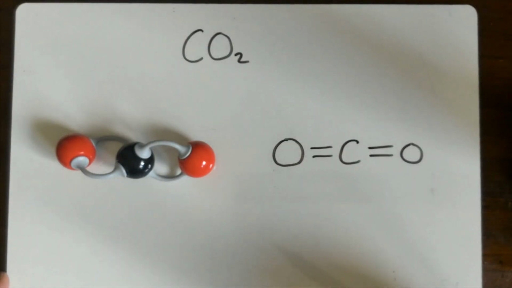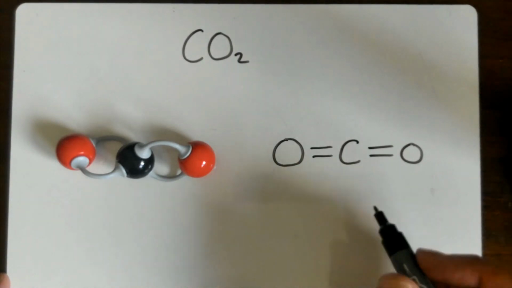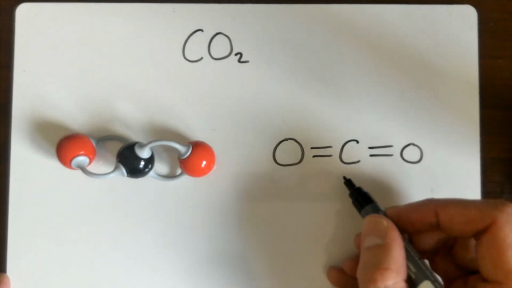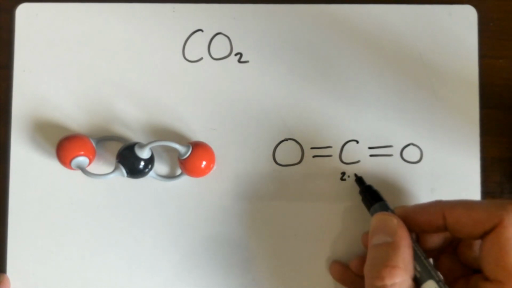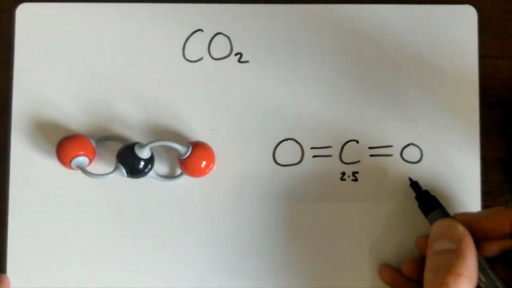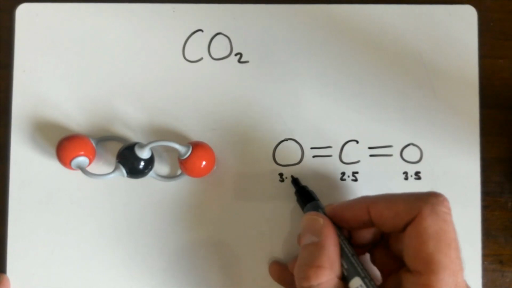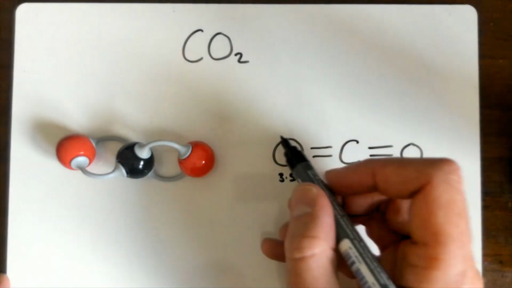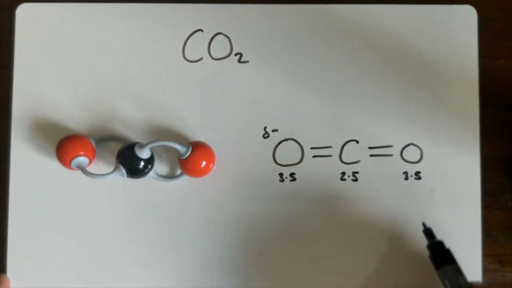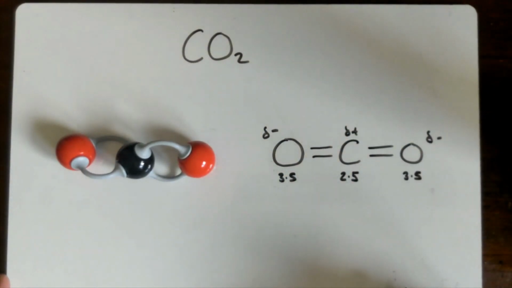Another example of a non-polar molecule that has polar covalent bonds is carbon dioxide. Carbon dioxide forms a linear molecule like this. If we look at the electronegativities of the elements in carbon dioxide, carbon has an electronegativity value of 2.5 and oxygen has an electronegativity value of 3.5. This gives this side a negative charge and this side a negative charge, giving a delta positive above the carbon.